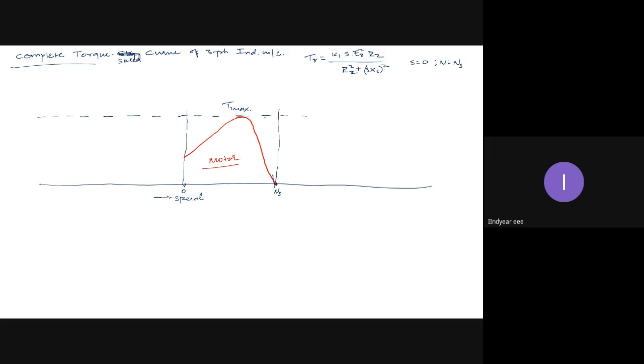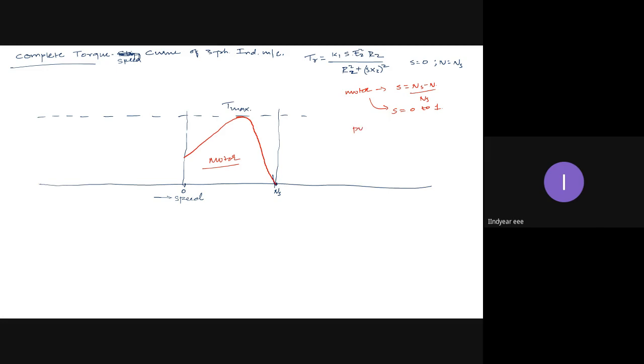When operating as motor, slip is equal to ns minus n divided by ns. Therefore, when operating as motor, slip is 0 to 1.